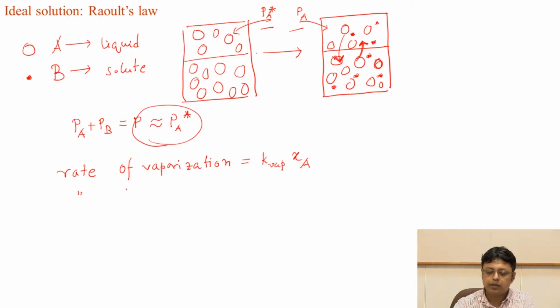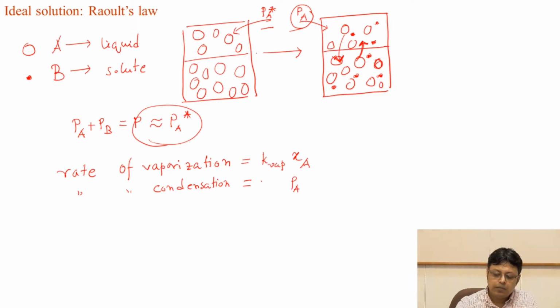So it will be proportional to the mole fraction of A, with a proportionality constant we write as K vaporization. Similarly, there will be a rate of condensation, meaning all these A molecules are also coming back, and that rate will be proportional to the partial pressure of A, because if the partial pressure is high, there will be a higher tendency of the vapor to go back into the liquid.